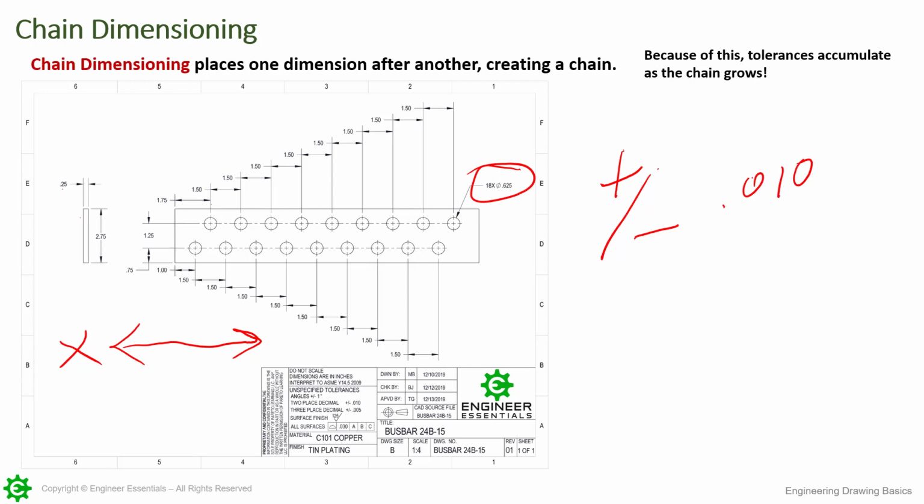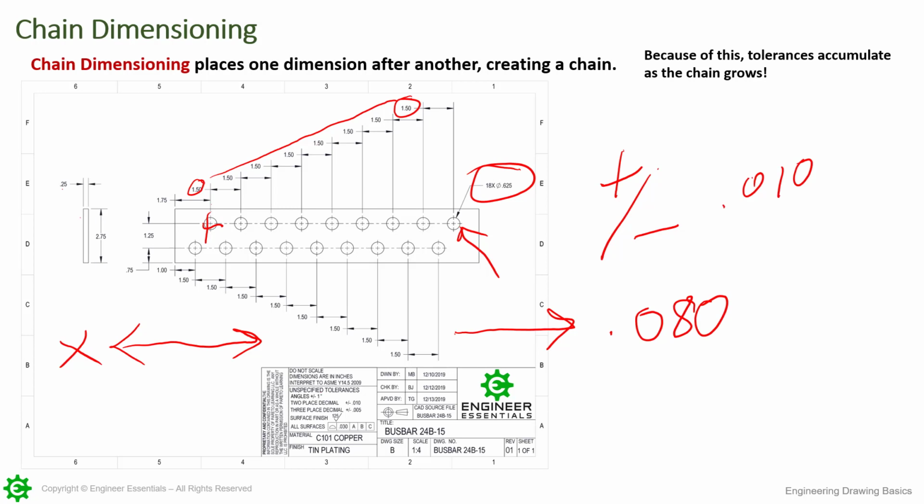So coming from this hole, because we are starting here now with the 1.5, we have this listed here 8 times. So because that is plus or minus 10, that's a location for this last hole. It could be in X, this direction, off by 80 thousandths.